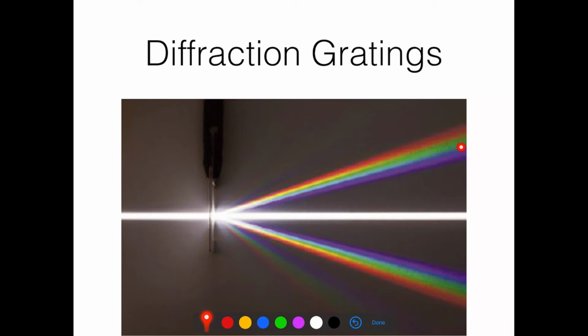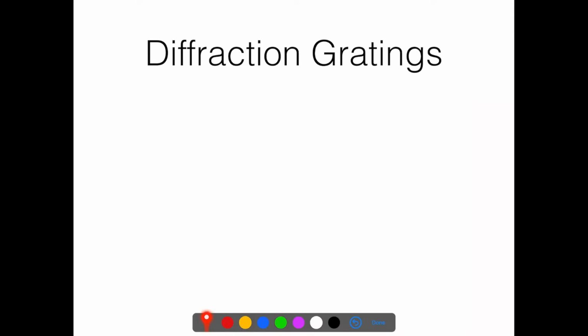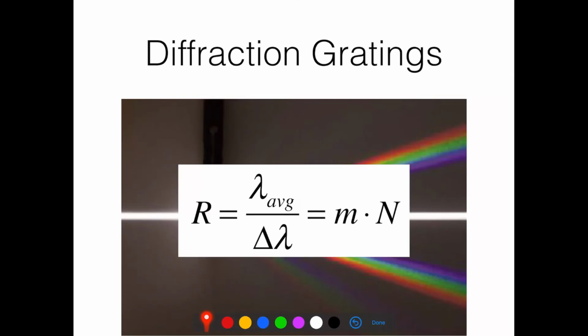All right, and so there's an equation for a diffraction grating, which is this. This is the governing equation for resolution of wavelengths. R is the resolving power, right? And so this probably won't be used in the same way as the last one, but you will need to be able to calculate R's, and a higher R means that there is better resolving power.